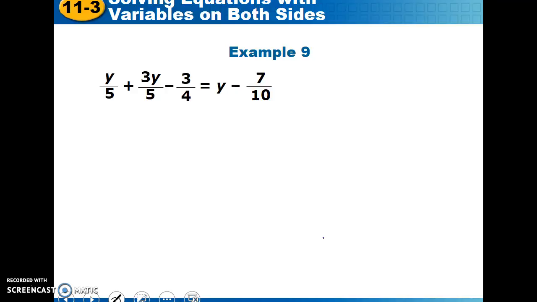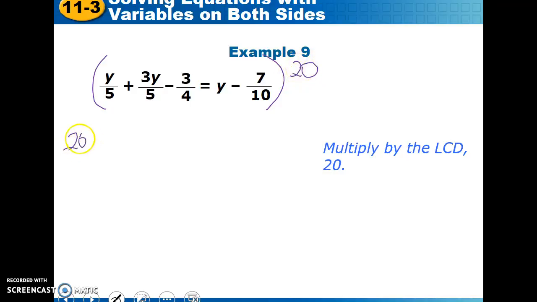Okay, so here we've got a fraction example. So the first thing we need to do is clear fractions. We can't combine any terms right now with all these crazy fractions. So looking at our least common denominator, we've got 5, 5, 4, and 10. So the number that works with all of those would be 20. So I'm going to multiply everything here by 20.